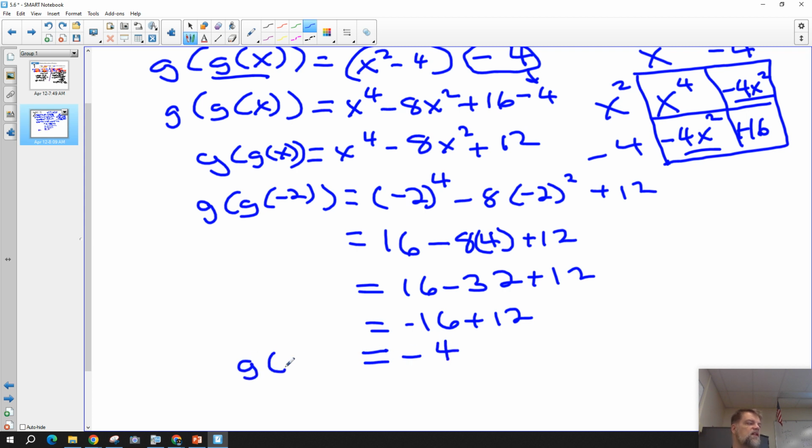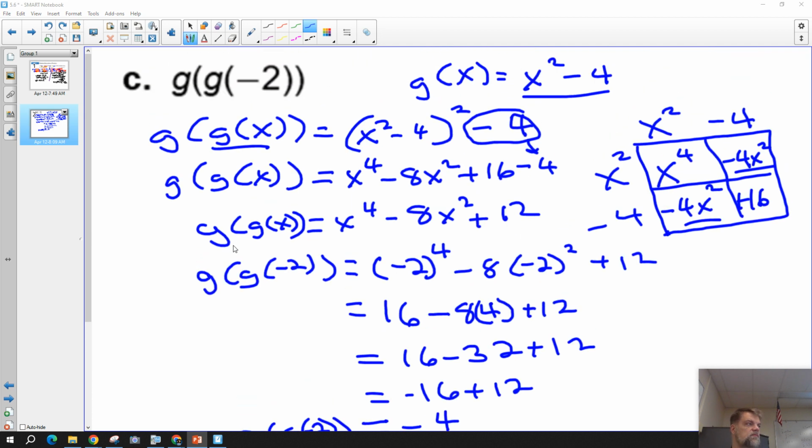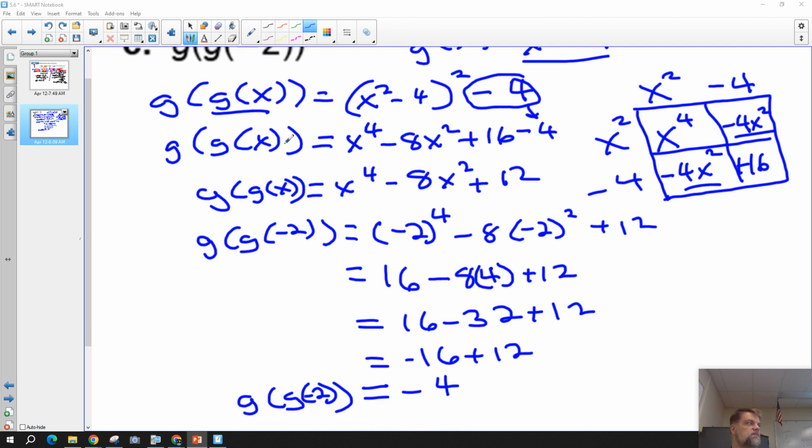So g of g of negative 2 equals negative 4. Okay? So I'll leave that up there for a second so you guys can write that down.